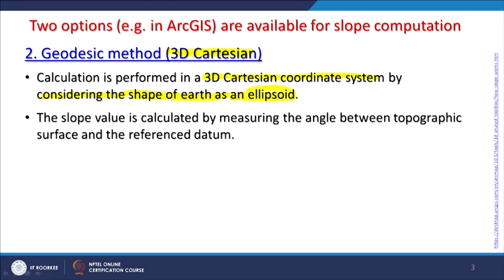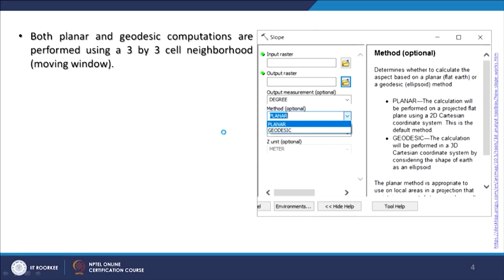Now, the slope value in this geodesic method or 3D Cartesian method is calculated by measuring the angle between the topographic surface and the reference datum, and this reference datum is very important. If I take the example of ArcGIS, where you provide an input raster and of course an output raster, this method is optional, otherwise by default it is planar.